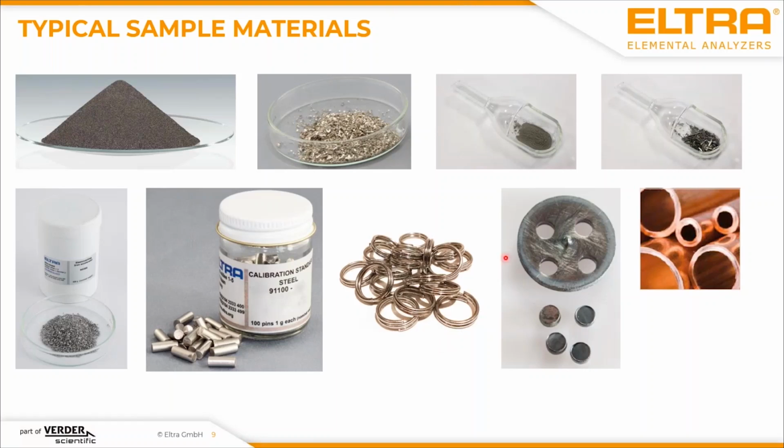A typical sample is also if you take one of these plates, which are usually used for spectroscopy, and simply pinch a small part outside, and you can immediately, without further preparation, use it for the elemental analyzers or by cutting a piece of those tubes.